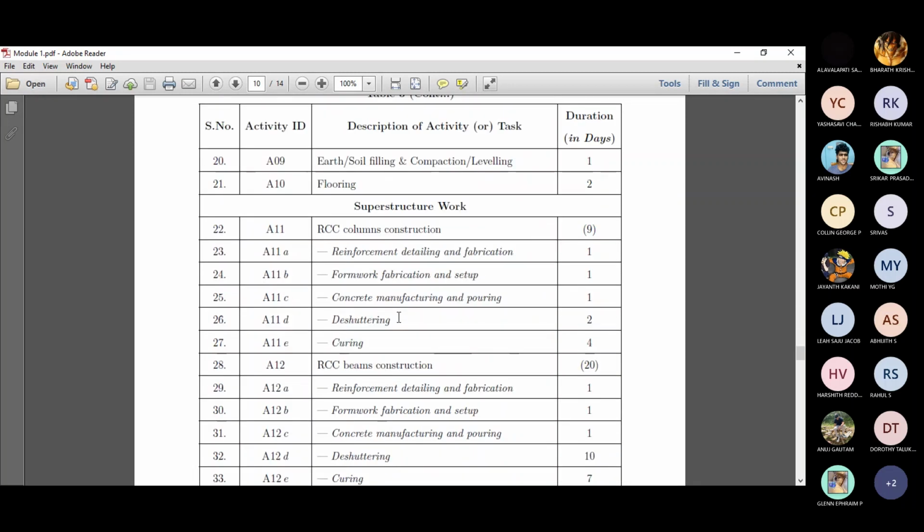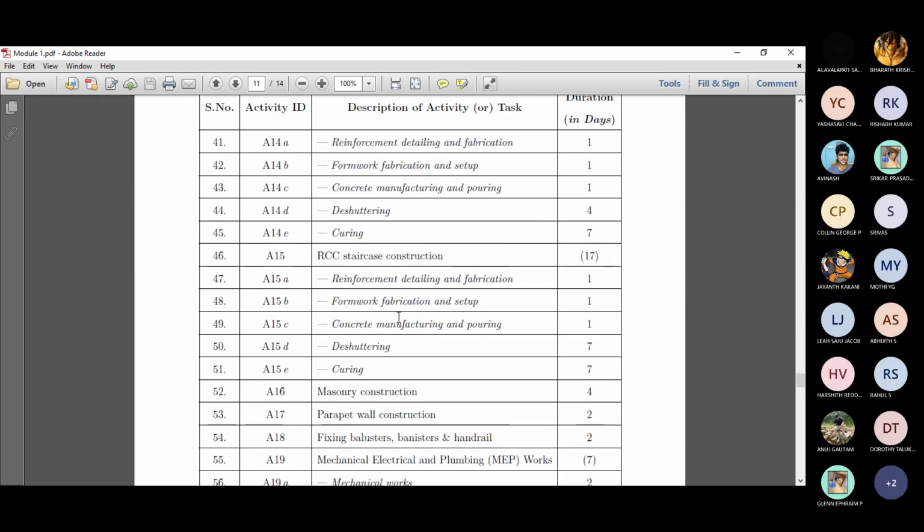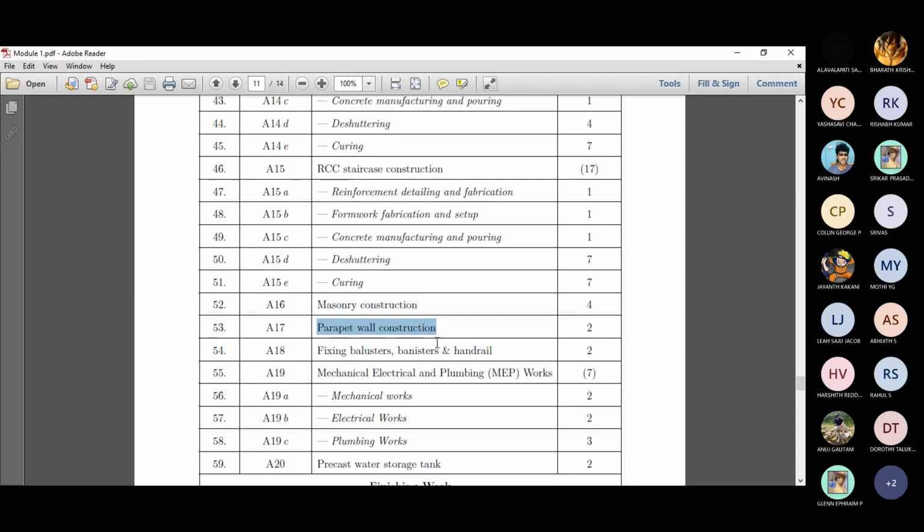Whereas once the masonry construction is done, before the parapet wall, you can perform electrical and plumbing work. So you don't have to really wait till this finishes, just till the parapet wall or fixing a baluster finishes. You can even do it after this itself.